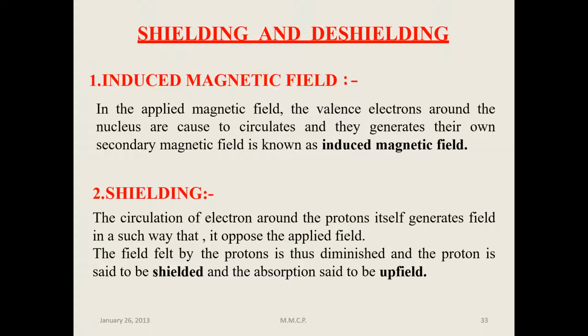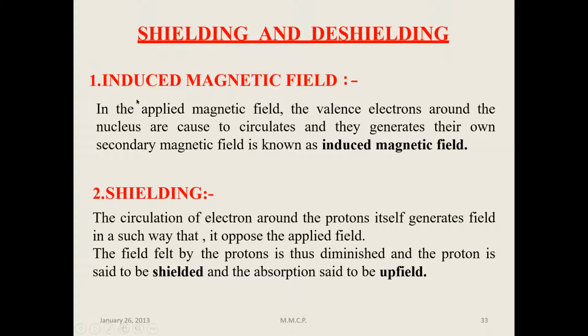But the protons in the compound are surrounded by different kinds of atoms, and they are bounded to other atoms by means of a covalent bond. Hence, there are electrons around the proton, and each proton is present in different environment compared to the other protons in a molecule. Therefore, the shielding and de-shielding will influence a lot on the position of the signal produced by every kind of proton in a molecule.